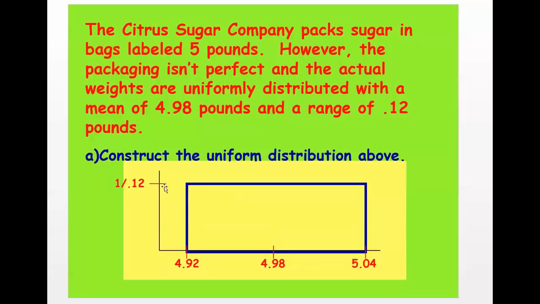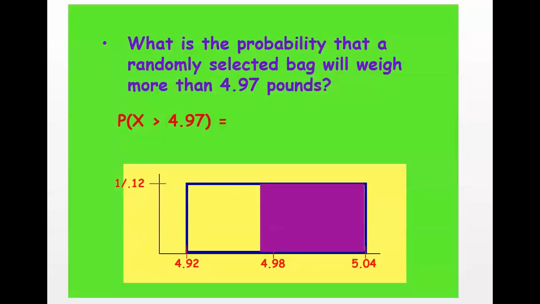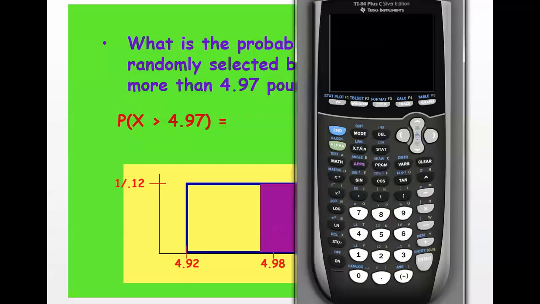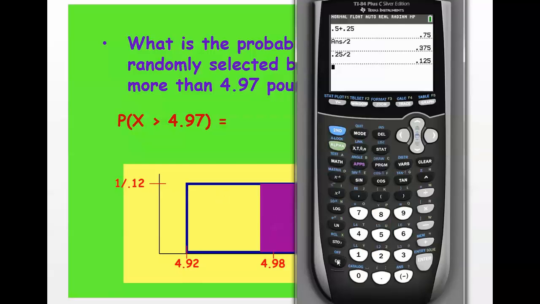And now that we've got this constructed, we can actually look at answering questions about the probability of an event occurring. So let's say I would like to know what percent of the time, given these parameters, I would expect to see something bigger than 4.97. Well, I know the height of the rectangle. Now we need to know the width, or length. I could just take out a calculator.